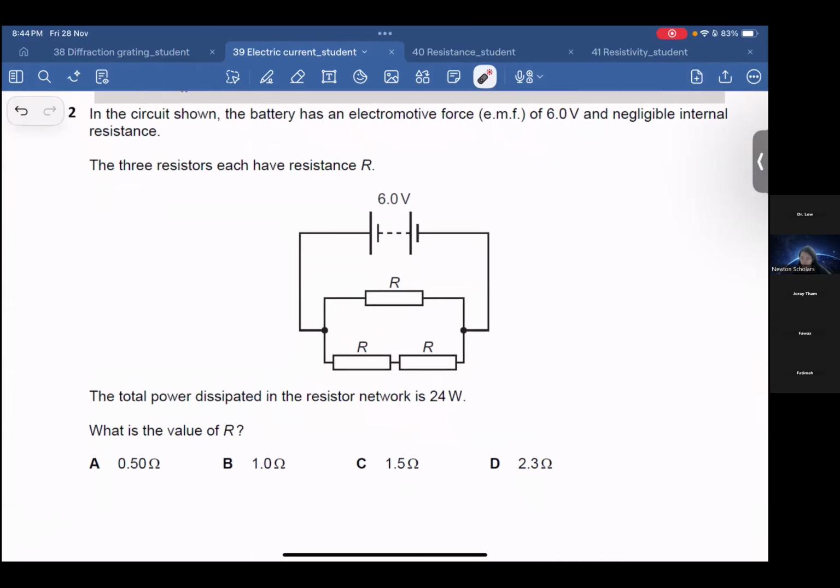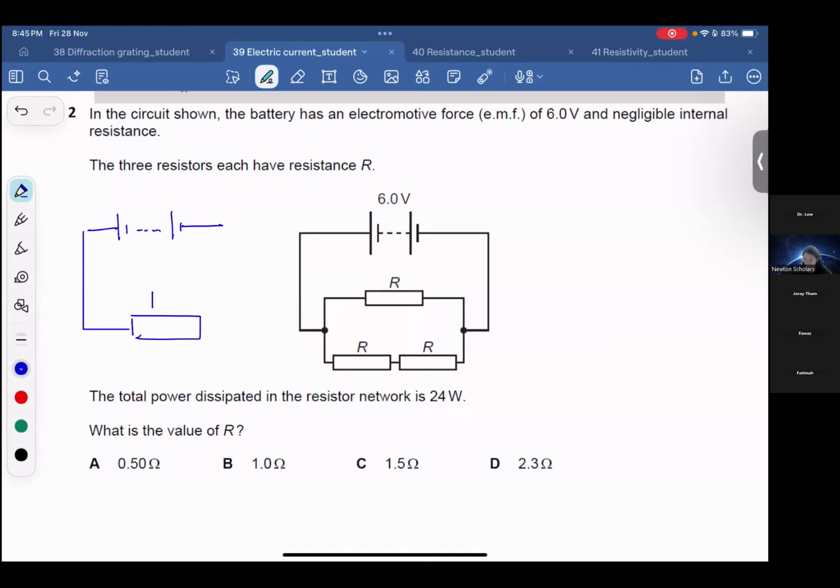Okay, my dear, here in the circuit, the battery has EMF 6.0 V. We ignore the internal resistor, that is another topic in the next chapter. We have 3 resistors having the same R. Total power is 24 watt. Can you do calculation to find out what is your R?